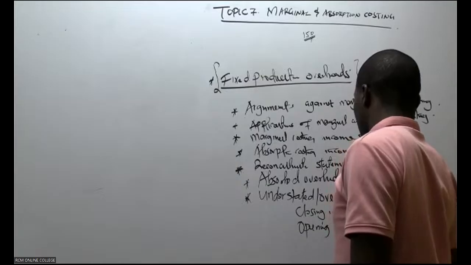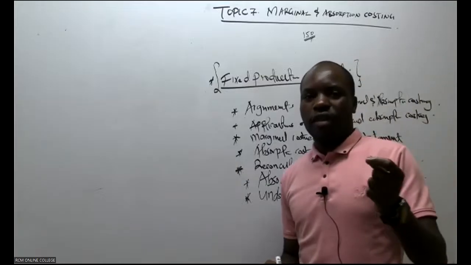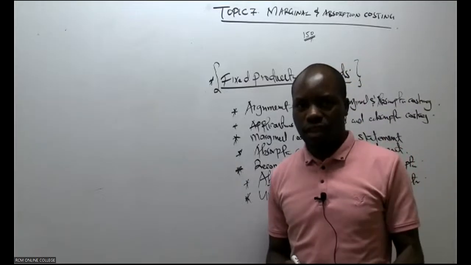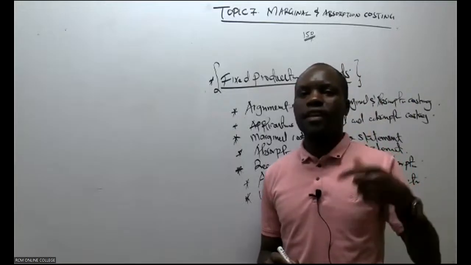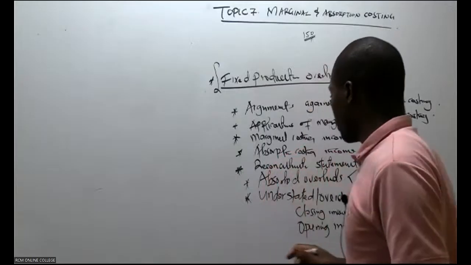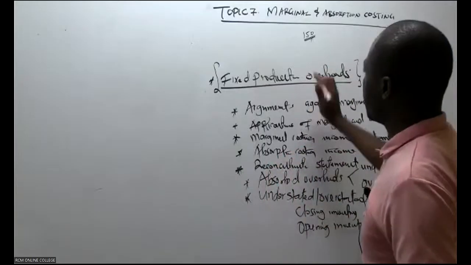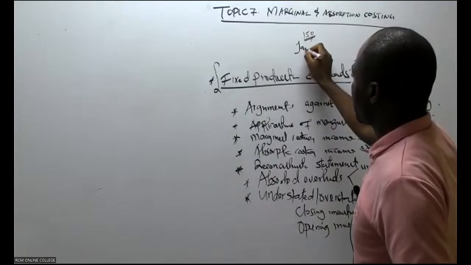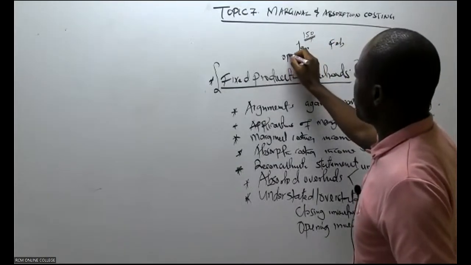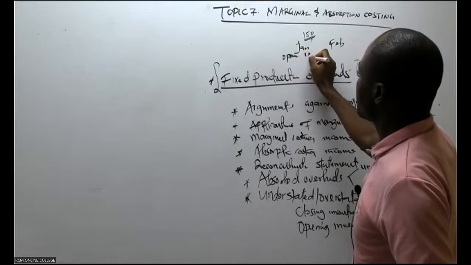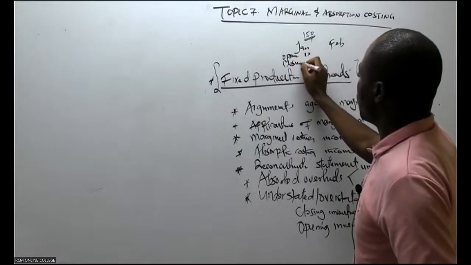We all know that the closing inventory of the previous period is the opening inventory of the current period. So in short, if you're going to deal with the two different periods, let's say the month of January and the month of February, you will have opening inventory, then closing inventory.